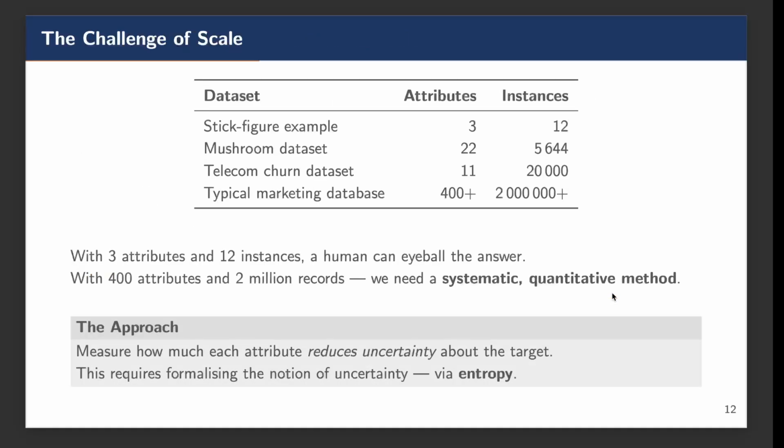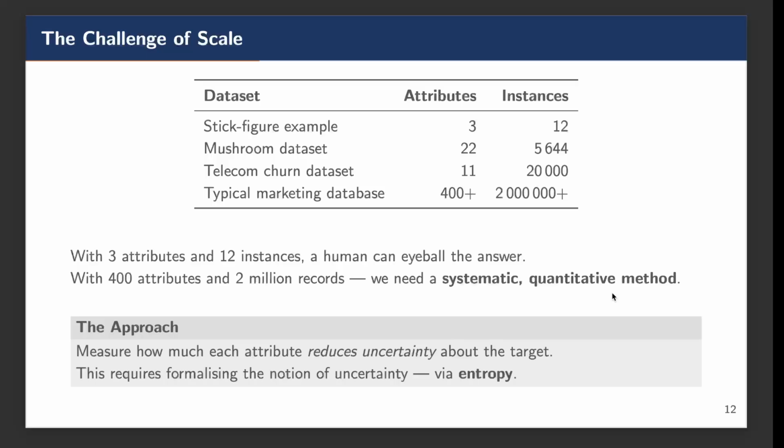Now let's talk about the challenge of scale. If you only look at 3 attributes and 12 instances, our eyeballs are able to look at the specific attributes that make individuals or segments different.